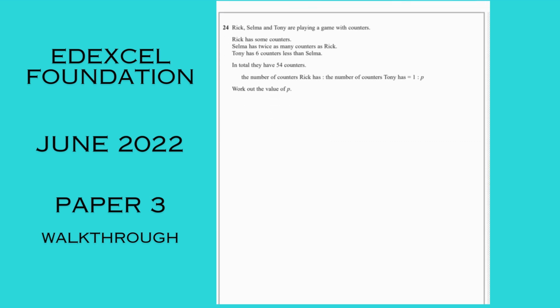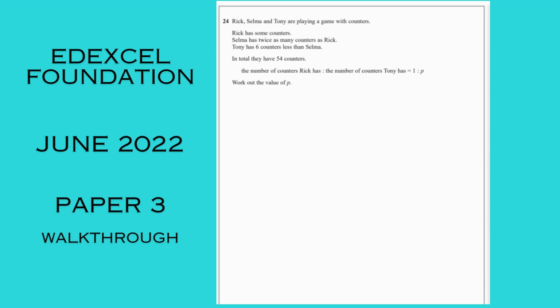Number 24. Yeah, very wordy. Not everyone's cup of tea, but like all wordies, one stage at a time. One line at a time. Top line tells me nothing, apart from the fact I probably should start organising information. Rick has some counters.